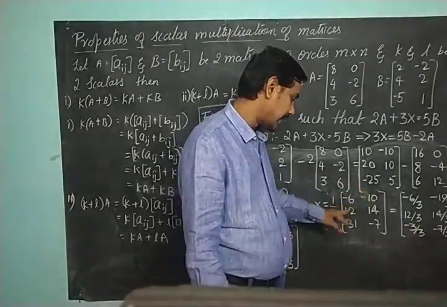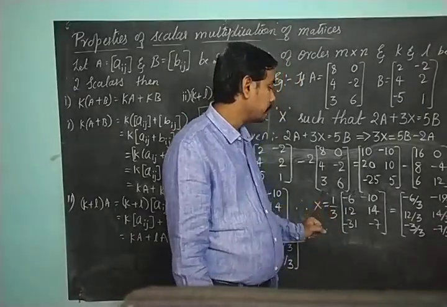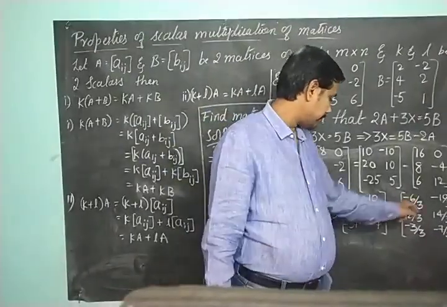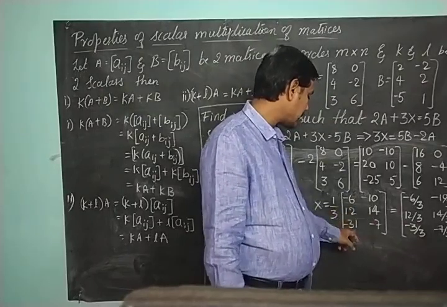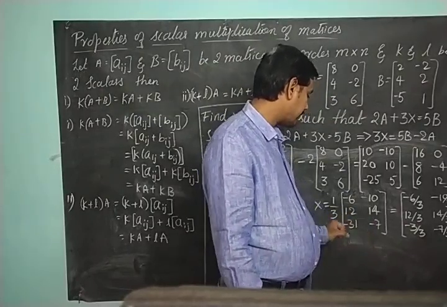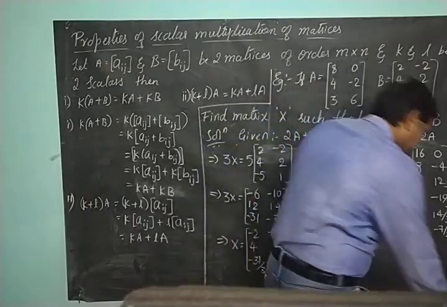So -6 divided by 3, -10 by 3, 12 by 3, 14 by 3, -31 by 3, -7 by 3. Sorry, this is -31.